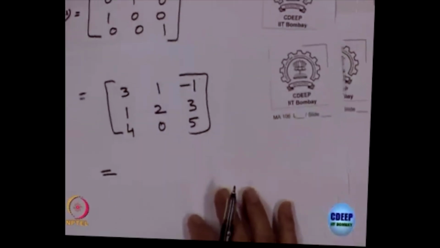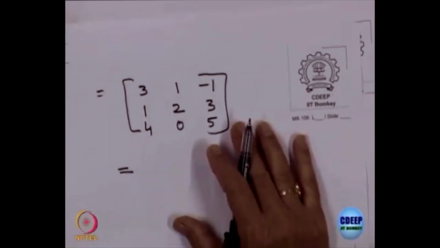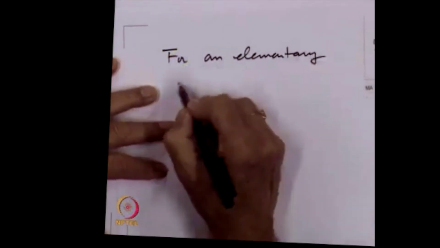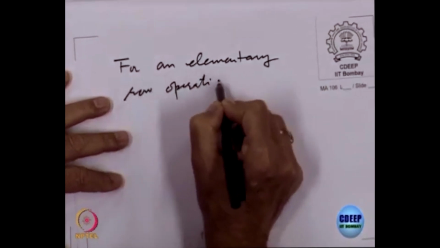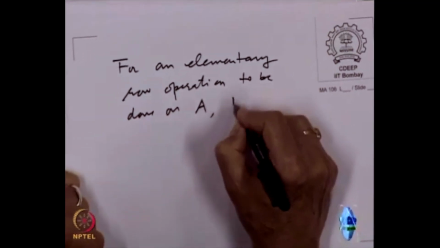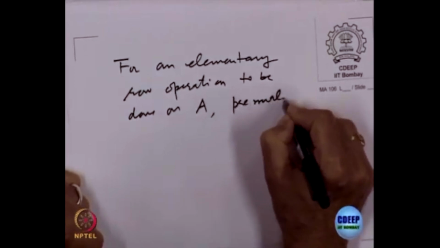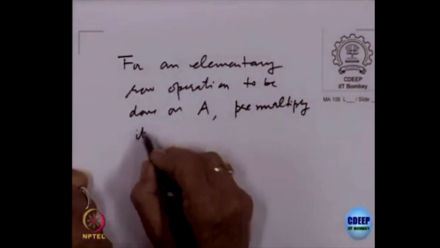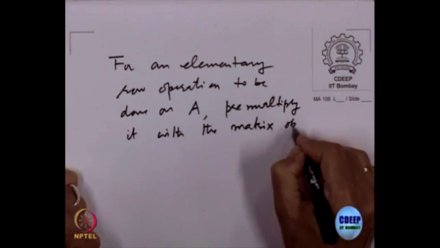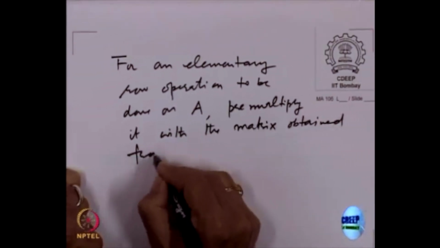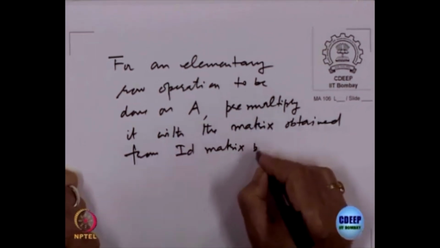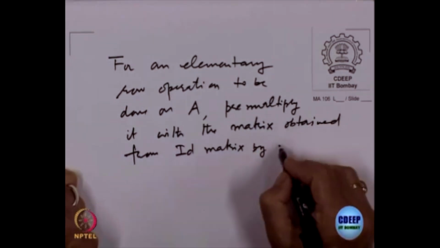If you want to do an elementary row operation on A, pre-multiply it with the matrix obtained from the identity matrix by that operation.